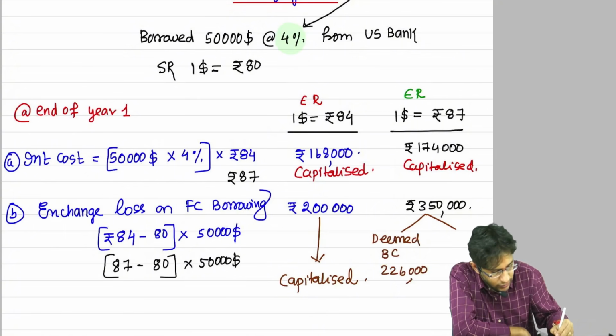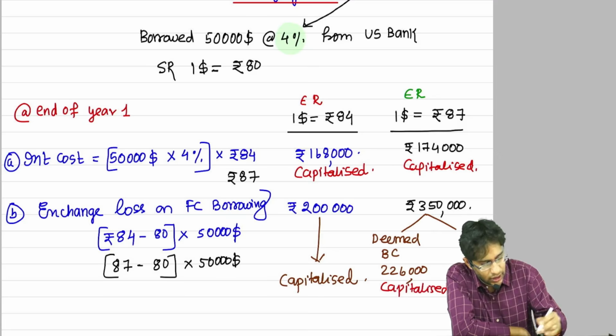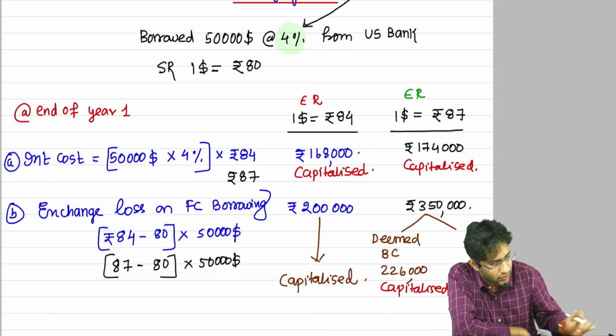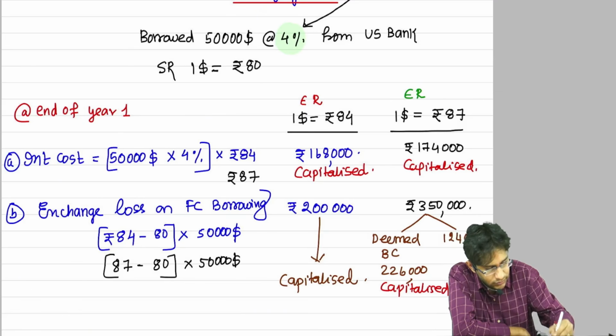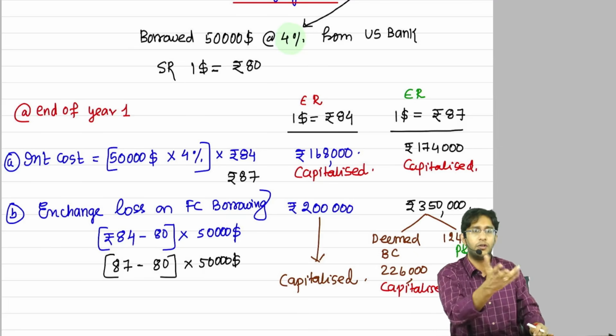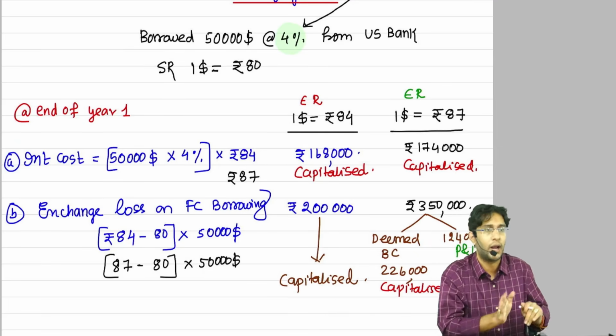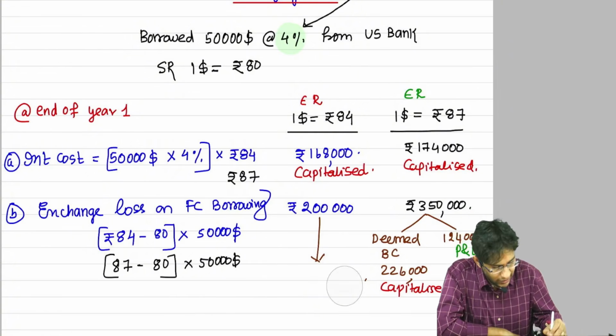This definitely will be capitalized. Sir, what about the remaining? 1 lakh 24,000. That's your bad luck. That will go off into P&L account. The real loss you are suffering goes to the P&L account. I can't capitalize that. Whereas here, the entire 2 lakhs was capitalized.